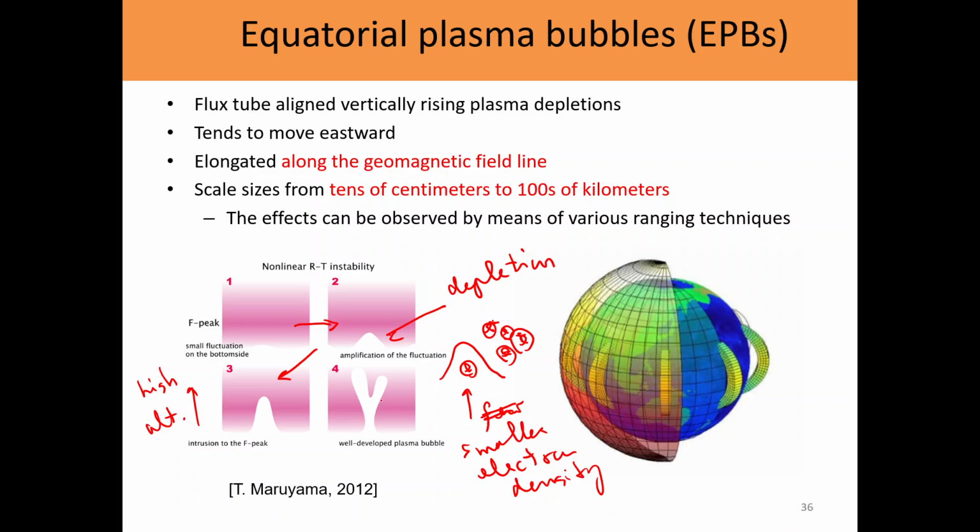Okay, and on the right side, it talks about how this type of EPB, and also ions, will travel through magnetic field lines. Sometimes some people call it field aligned, which means along the field.